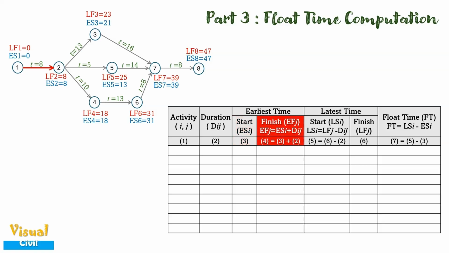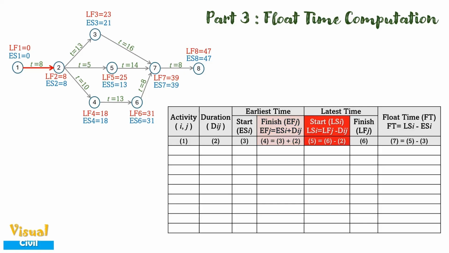In column 4, the earliest finish time of event j is calculated by adding earliest start time with activity duration. While in column 5, the latest start time of event i is computed by deducting duration from latest finish time of event j.